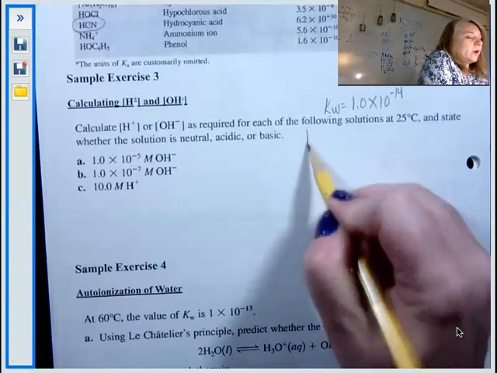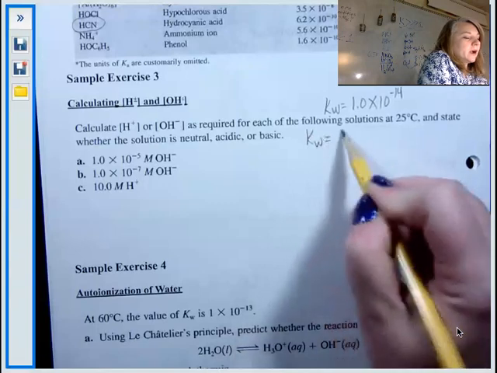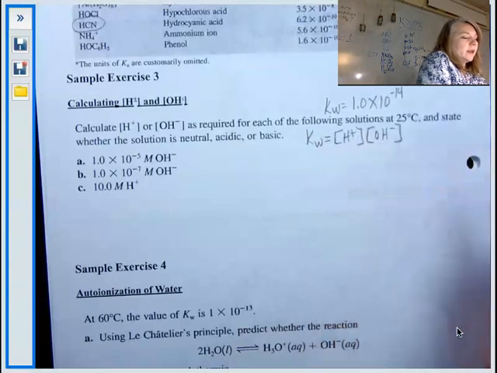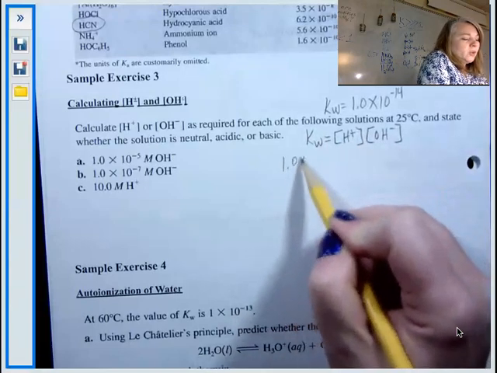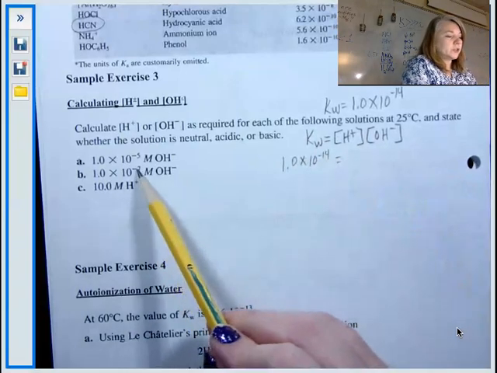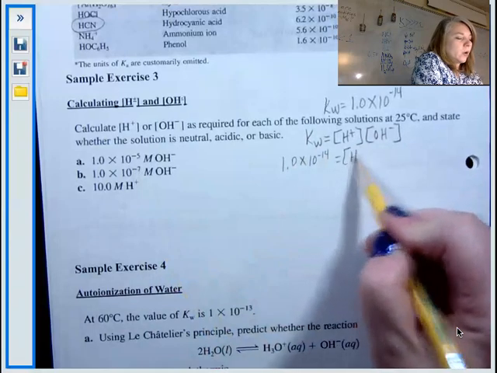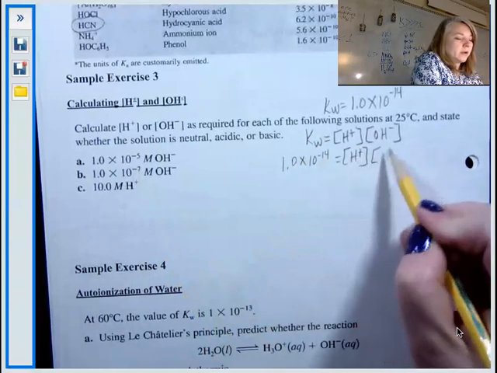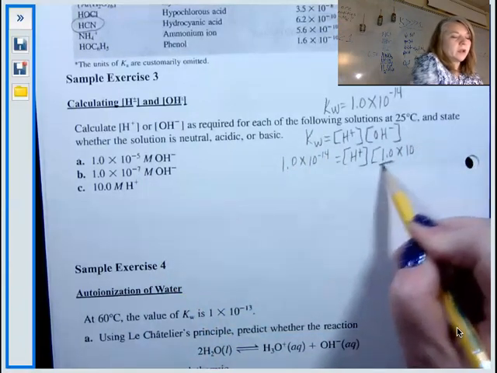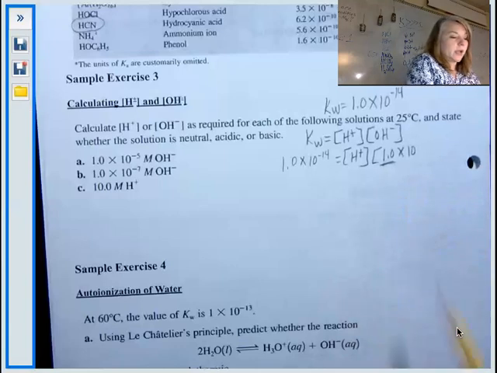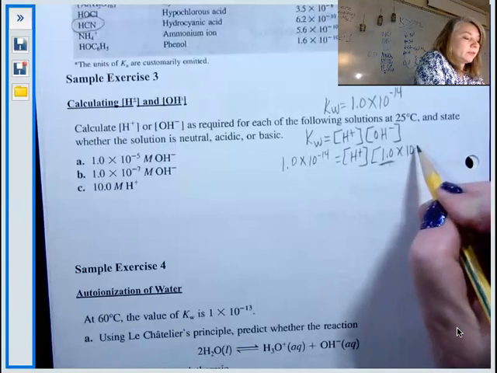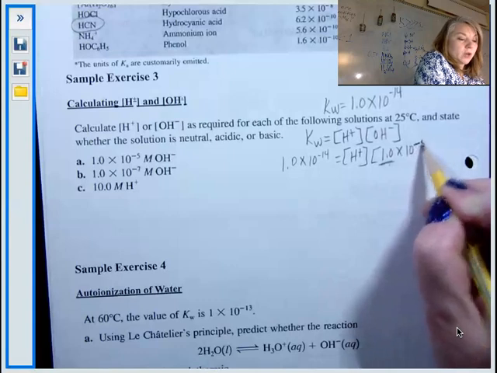Here's what we know so far. KW is the hydrogen ion times the hydroxide ion, right? And if this number is 1.0 times 10 to the negative 14, and we plug in the other species that we know, then we can solve for the one we don't know. But I'll show you the easiest way to do this, because all your front numbers, by the way, this is called a mantissa, happen to be 1. So really all you have to do is subtract your exponents.